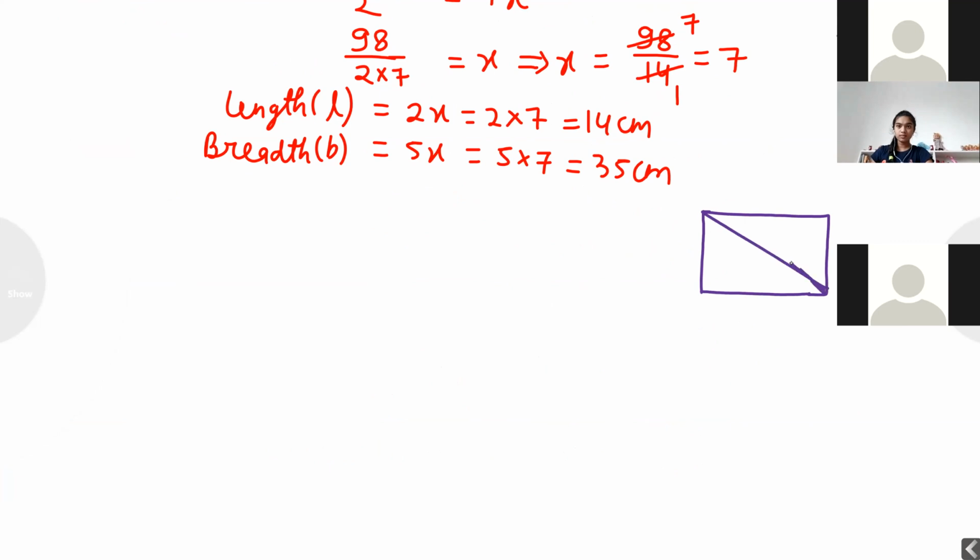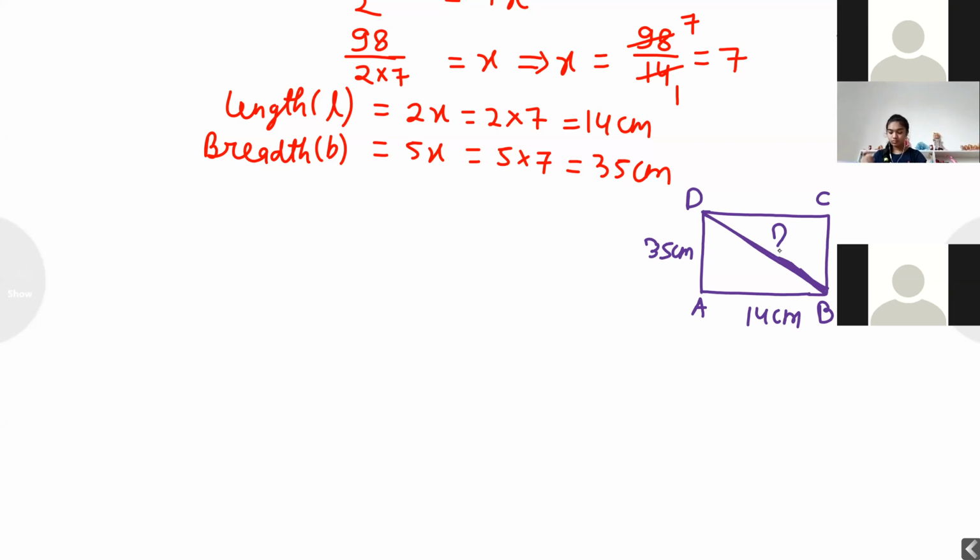This is rectangle ABCD, and this is the diagonal, right? Length we got is 14 centimeter. Breadth is 35 centimeter. The diagonal I want to find out.